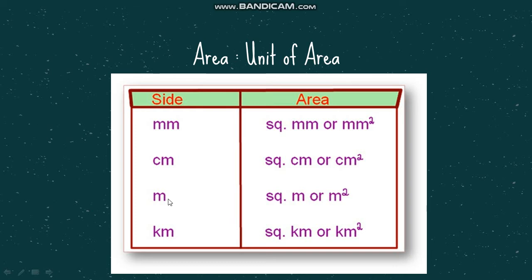Then meter: let's say you want to measure the area of your cupboard or your room, then you can use square meter. When you are finding the area of a bigger space, like a pond, or a bigger area, you can use kilometer.